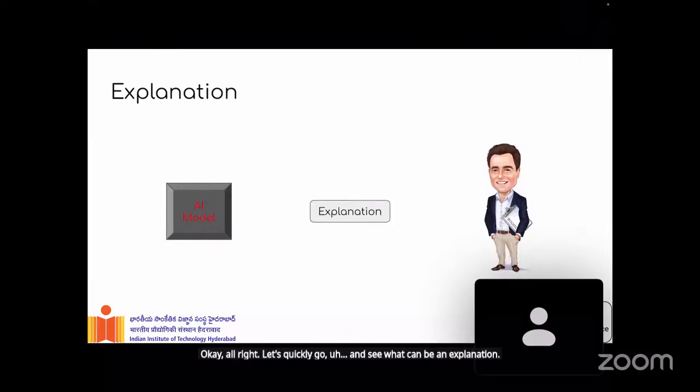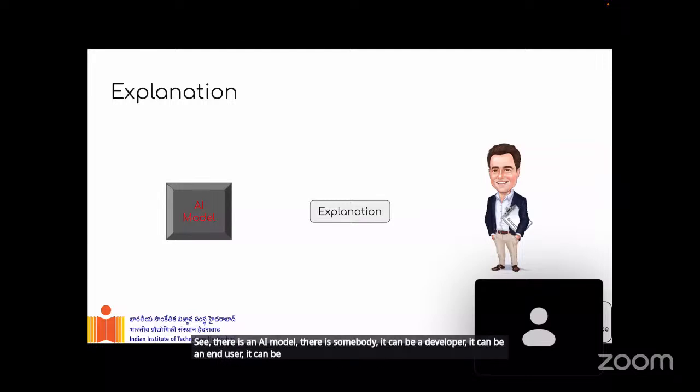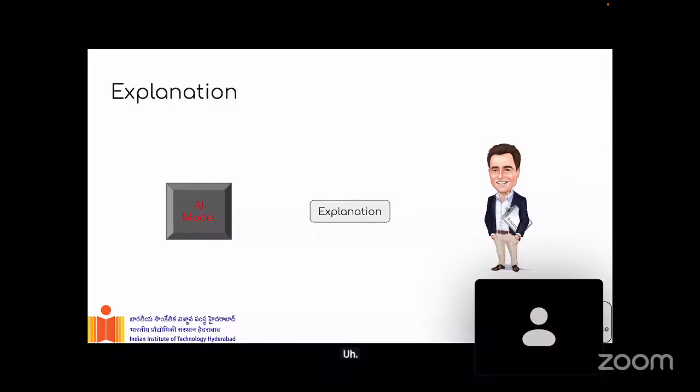See, there is an AI model. There is somebody, who can be a developer, an end user, or a government agency that wants to understand and approve the deployment of this AI algorithm. Now, what is an explanation? An explanation should be faithful to the AI model.